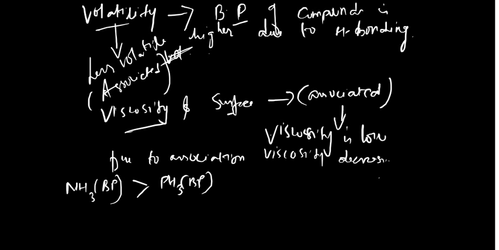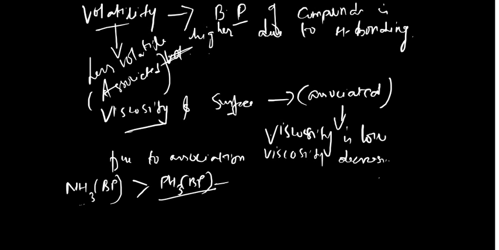In ammonia you have intermolecular hydrogen bonding, due to which molecules are associated. Since they are strongly associated, they have high bond dissociation energy and high boiling points, and there is no such hydrogen bonding in the phosphine molecule, so it has a lower boiling point compared to ammonia.